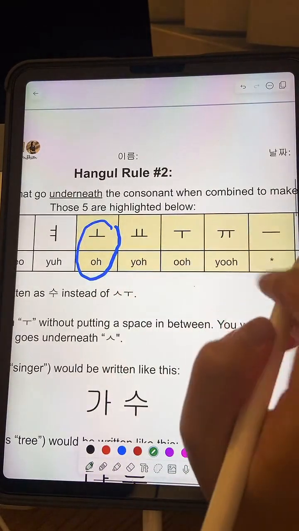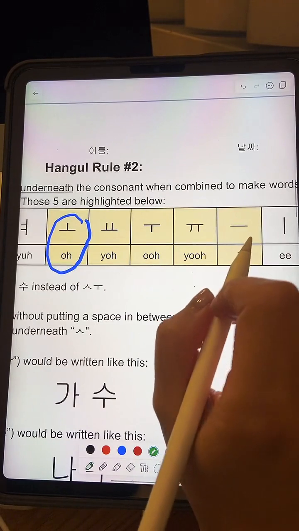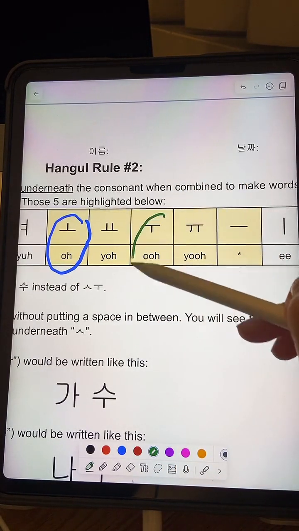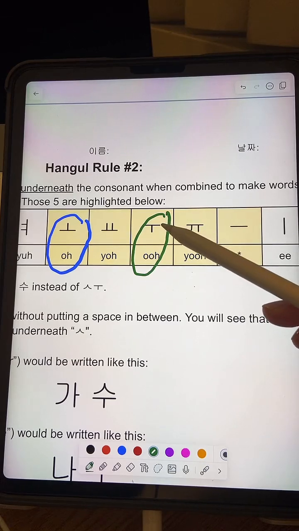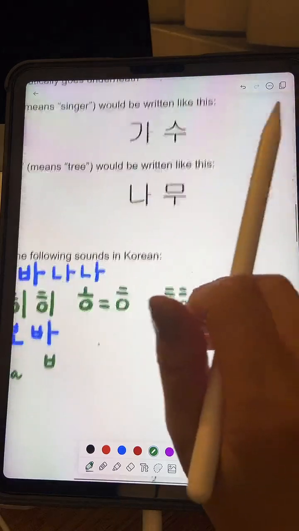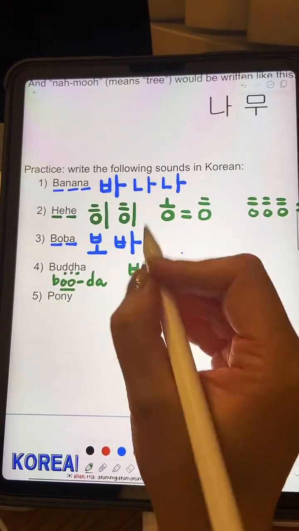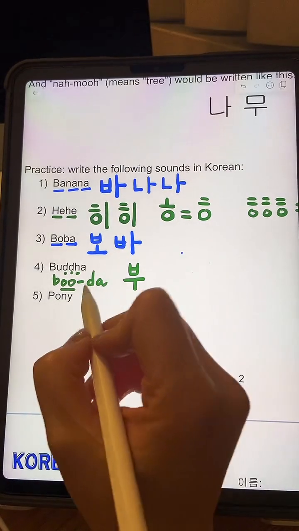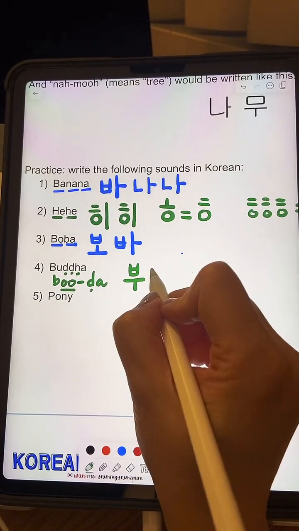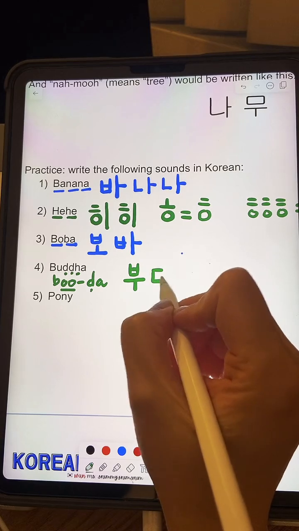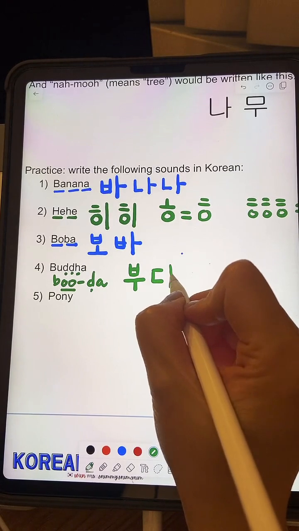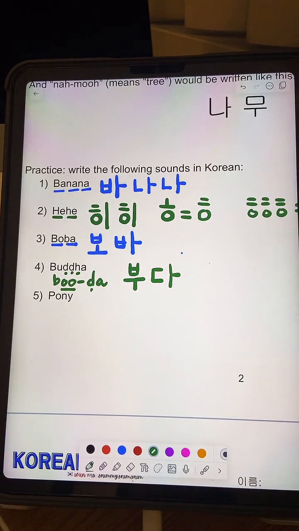Which one is it? Yes, Marilena, good job. Boo. Ooh, but where does it go? Underneath. Boo. And then we need a D sound. D sound is this one. D. And then we need A, right? The first vowel again. Buddha. Good job, Buddha.